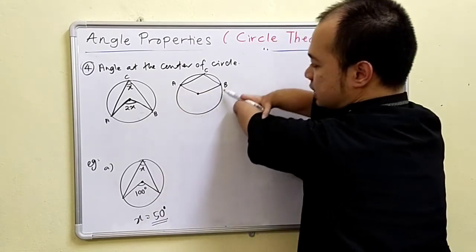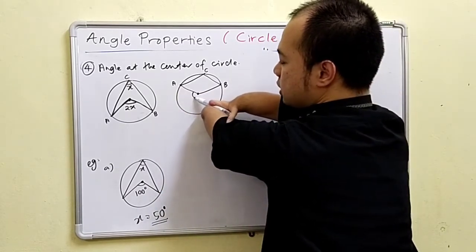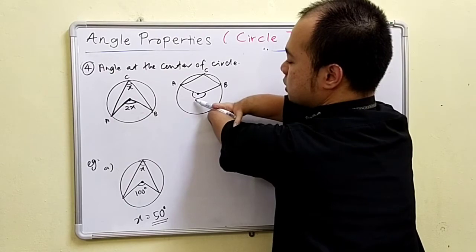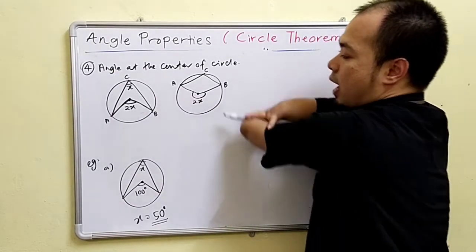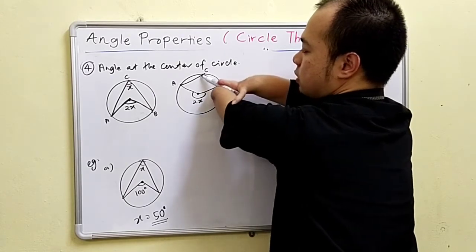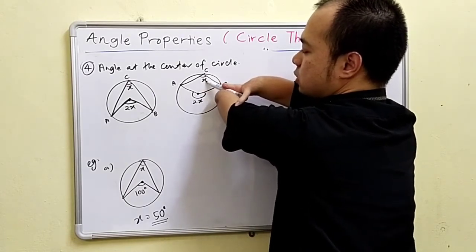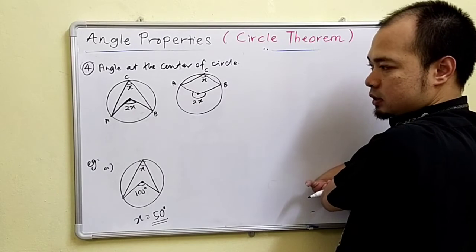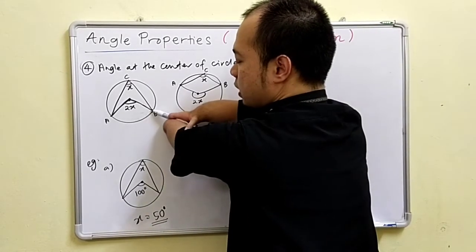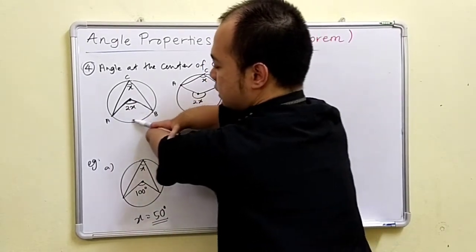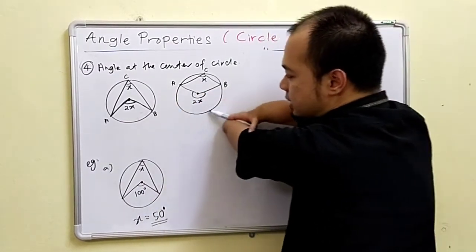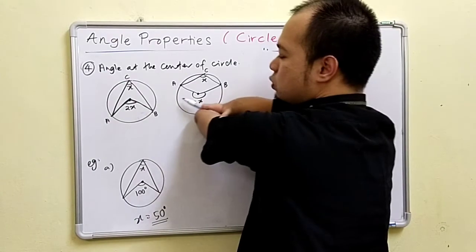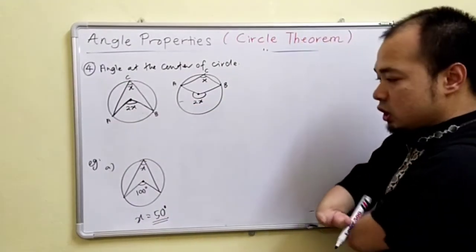If the angle here is 2x, where is half of the 2x? Right over here, this is 1x. Here I use the minor sector, and here I use the major sector, so it can be in two different situations.